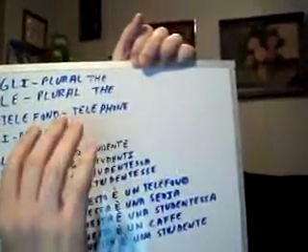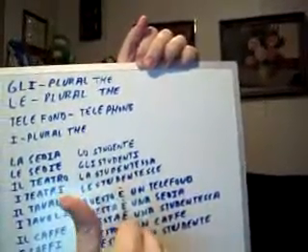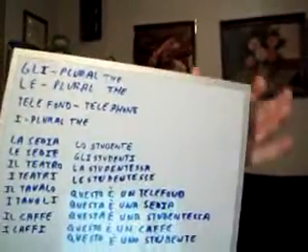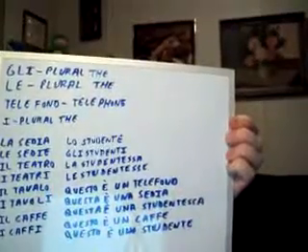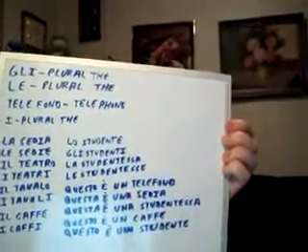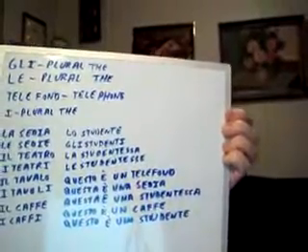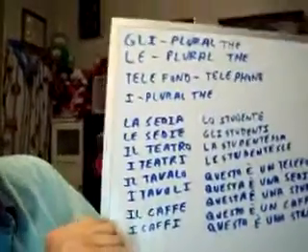if your masculine noun starts with the letter S and then immediately is followed by another consonant, say like T, and you say, well, what kind of word is that? Let's take the word studente. Studente starts with an S, and it is followed by the letter T. And as we all know, the T is a consonant.